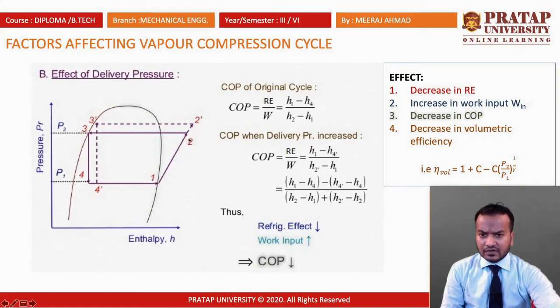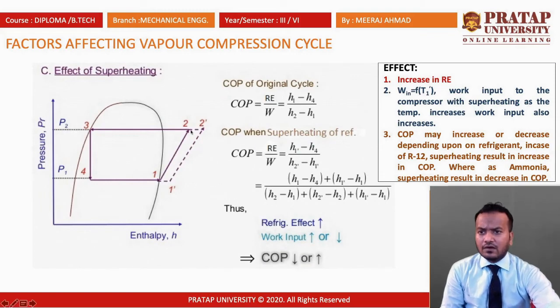Then in this compression, the work input should be increased from the previous cycle. So when increasing the delivery pressure, the refrigerating effect decreases and the work input increases. So the COP should be decreased. The pressure ratio should be increased, and from the formula, the volumetric efficiency should be decreased.